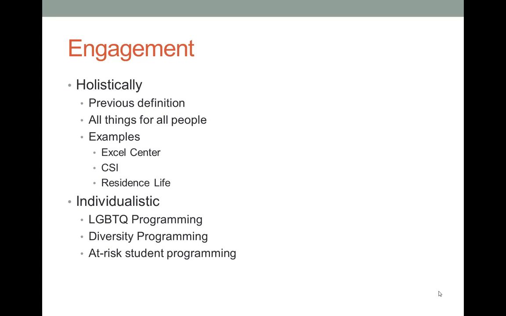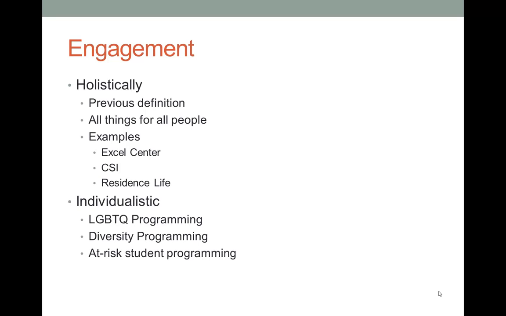The other piece of that is the individualistic engagement. This is where we can get into being very intentional with what we're doing, like doing programming for LGBTQ to increase diversity dialogues or to help educate people or to provide a space for the LGBTQ population. Same thing for diversity programming for minorities to help have those dialogues.